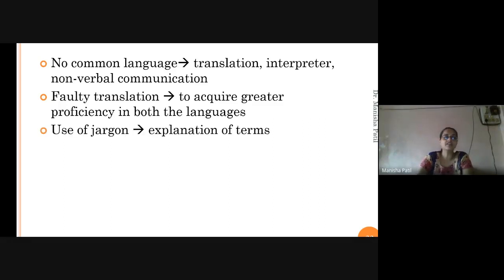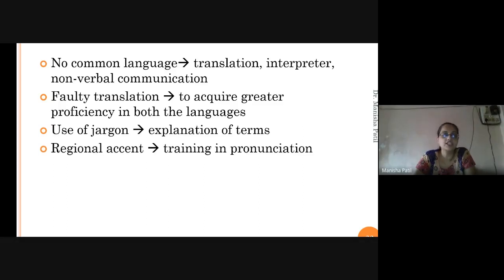Next, use of jargon. What do you have to do to overcome use of jargon? You have to explain the terms. Burn the CD. It means copy the CD. Regional accent. Training in pronunciation.